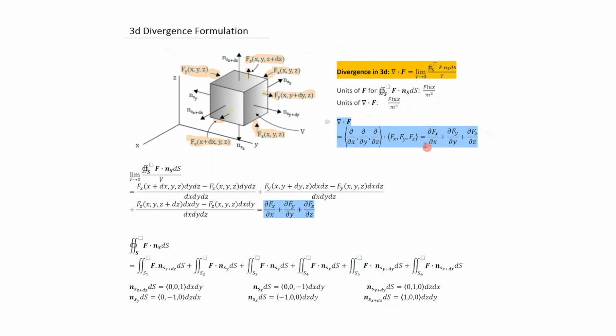And this is classically the type of computation we would be doing if asked to compute the divergence of a vector field F. So now we're going to do this calculation here, and we're going to prove that in fact this is represented by this, okay? That means we have to take each one of these 6 surfaces and compute the flux on each surface.